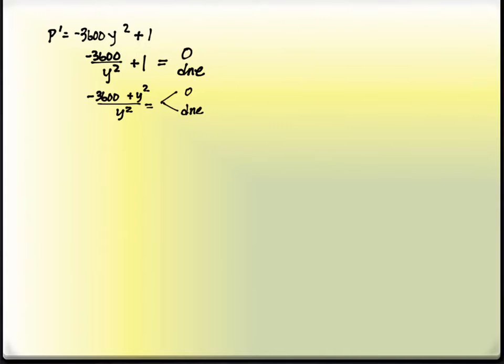Okay, so far so good? You know where it doesn't exist, because we just said it. Where does it not exist? At y equal 0, right? How can I find out where it's equal to 0? What does that equate to?